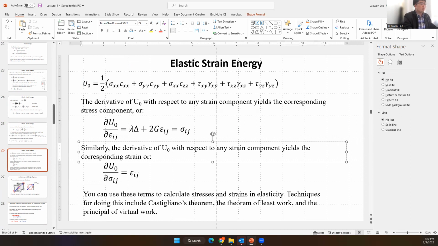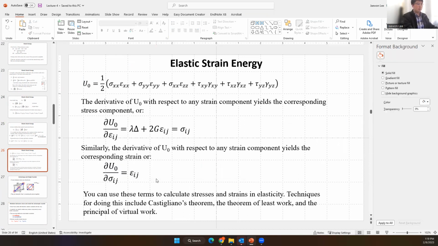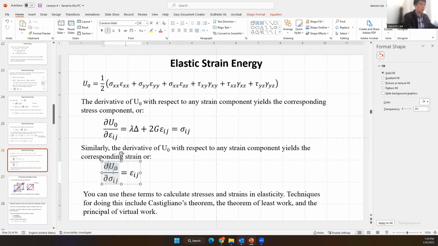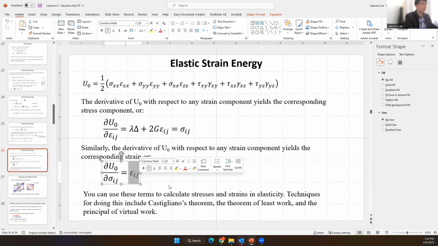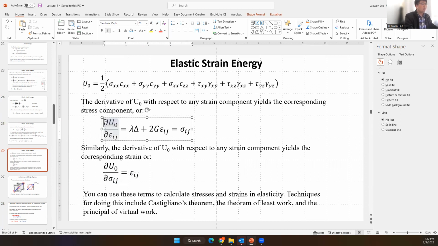The derivative of energy with respect to stress is related to the strain, and the derivative of energy with respect to strain is related to the stress. Do you understand?